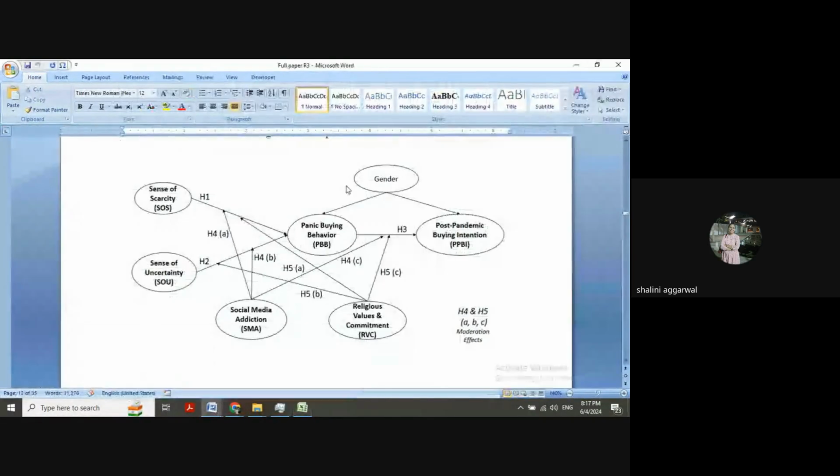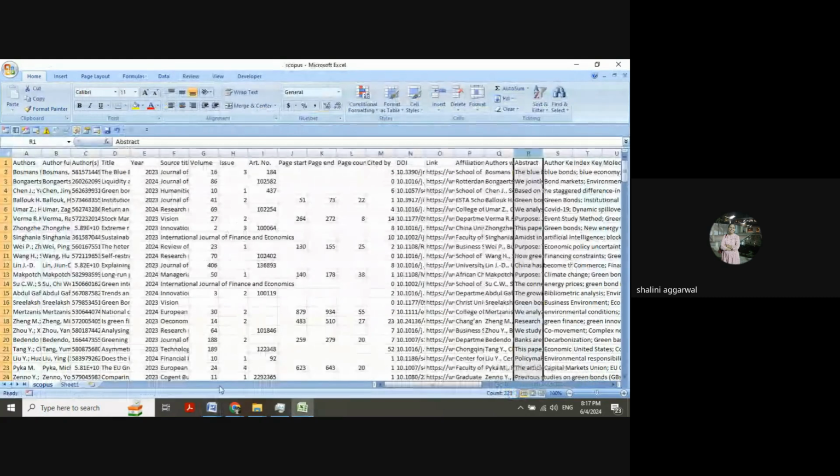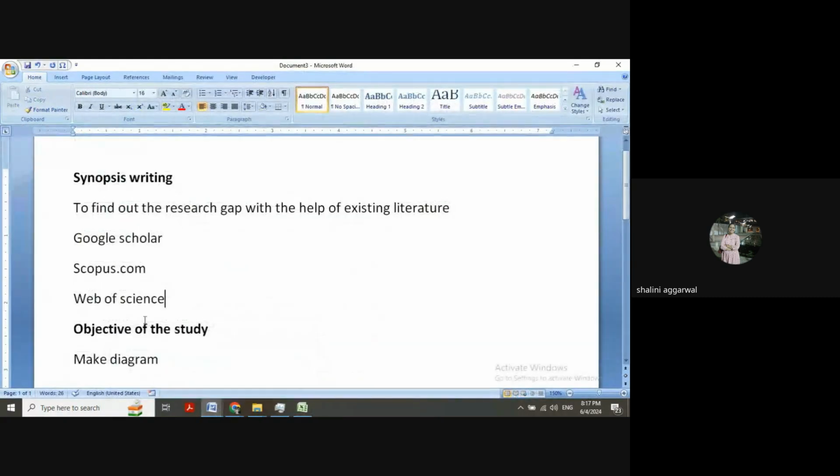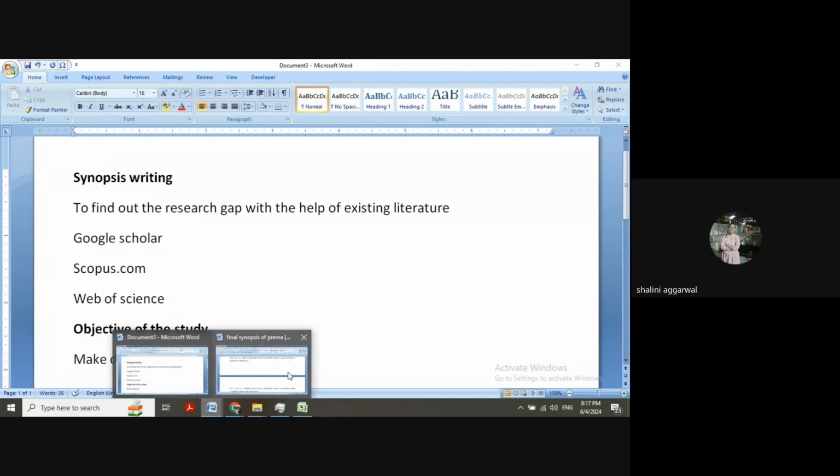So let me close it. To find out the research gap with the help of existing literature, you can use 3 sources. One is Google Scholar, then scopus.com or Web of Science, right?